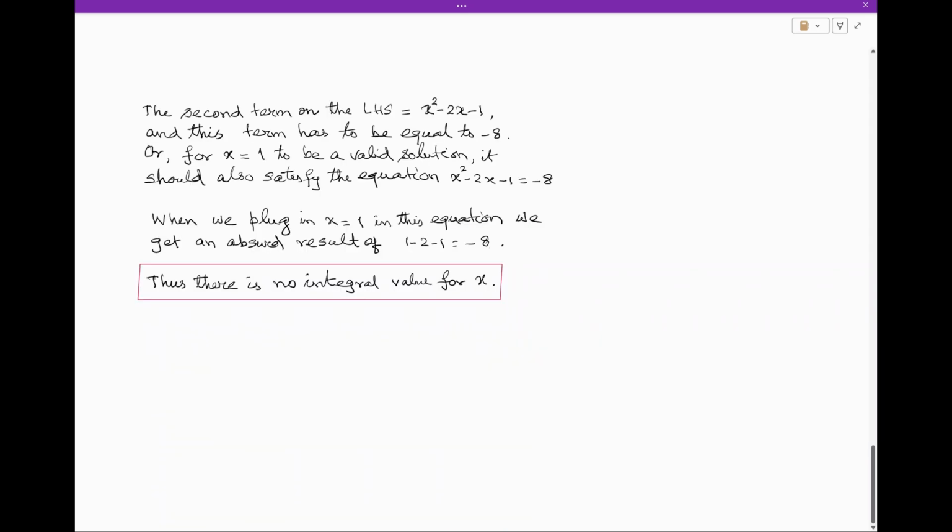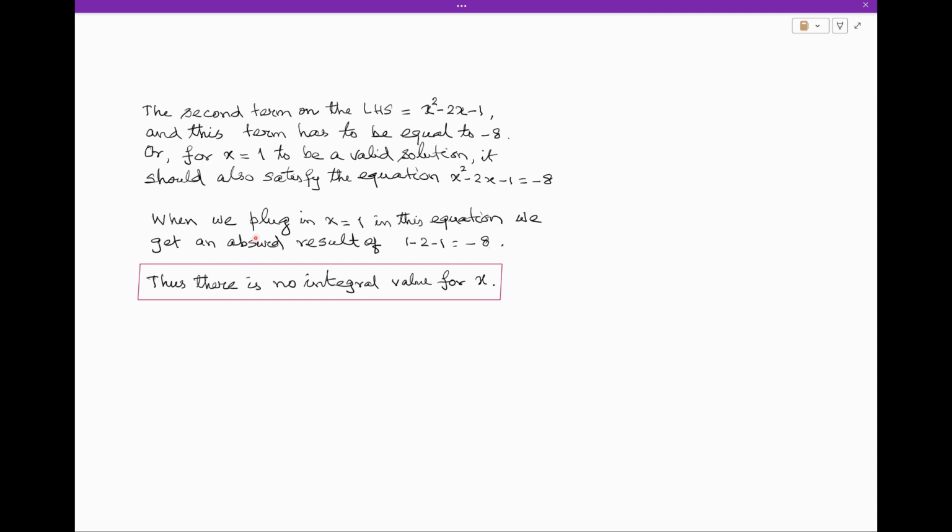The second term on the left-hand side is x square minus 2x minus 1, and this term has to be equal to minus 8. For x is equal to 1 to be a valid solution, it should also satisfy the equation x square minus 2x minus 1 is equal to minus 8.